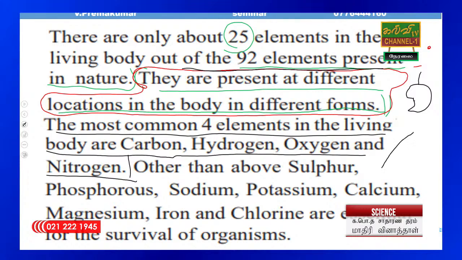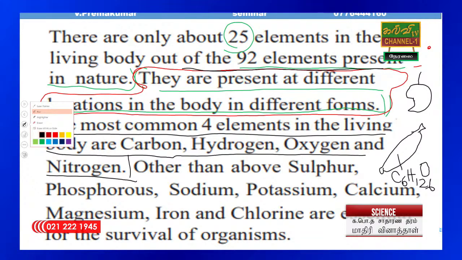When you eat plant food, how do plants make food? That is glucose, through photosynthesis, C6H12O6. When you consider glucose, you can find the important elements. What are they? Carbon, hydrogen and oxygen.